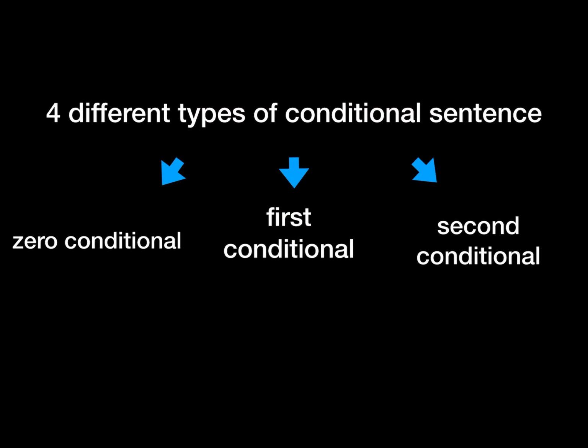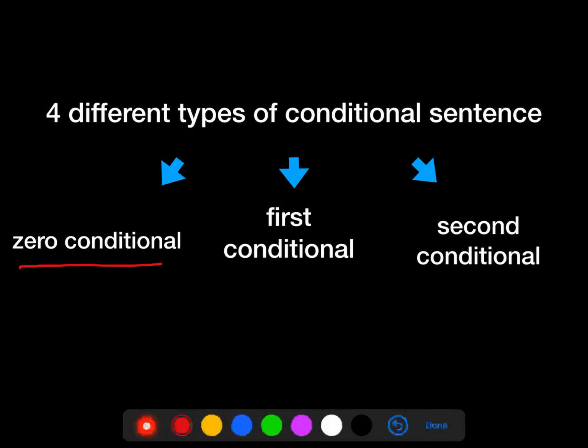We have four different types of conditional sentence: zero conditional, first conditional, second conditional, and third conditional.